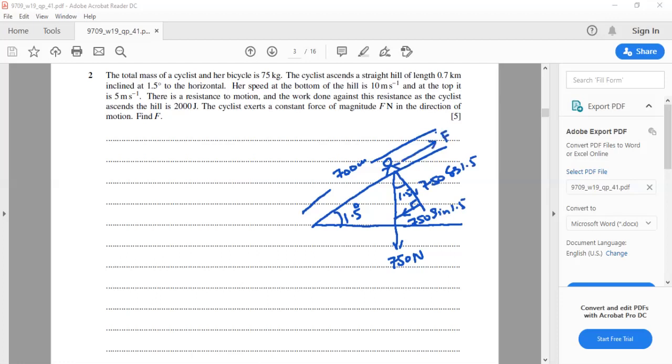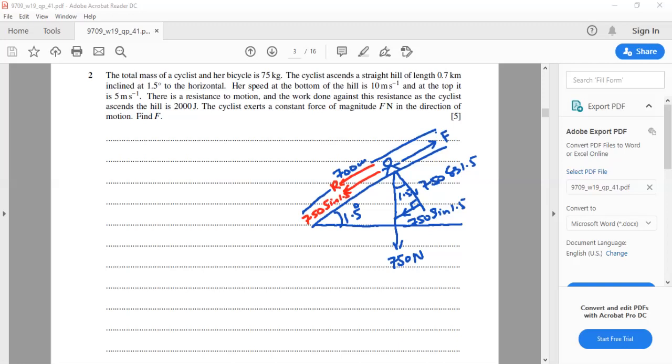This is F. And this 750 sine 1.5 will be going downward. Along with it, there is another resistance force which gives 2000 joules of work. So let's see it now.